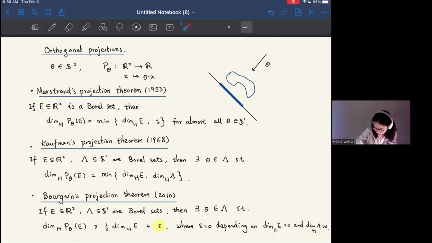But this epsilon is a very small implicit constant depending on the dimension of our set and the dimension of the direction set.